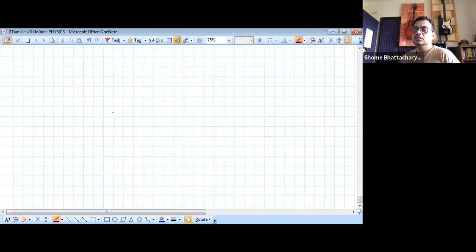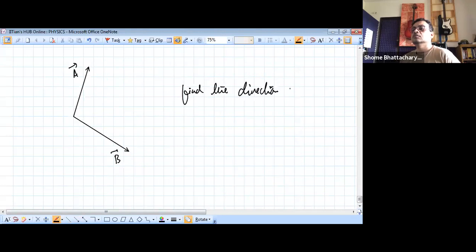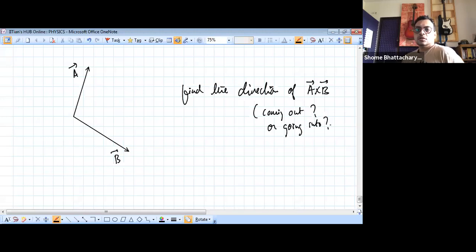Now similarly, just see what is happening in this example. Suppose A is like this and B is like this. Now find the direction of A cross B. Coming out or going in? Yes, very good.